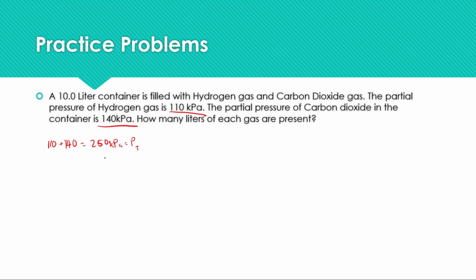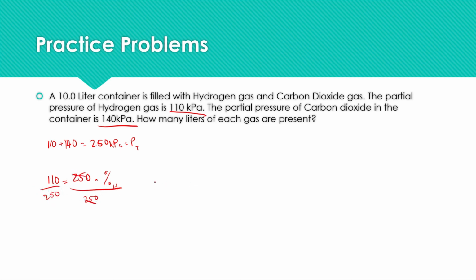All right, so now we have our total pressure. We can start solving for the percentages of each one. So let's start with hydrogen, which is 110. So 110, the partial pressure of hydrogen, equals 250 times the percent that is hydrogen. And in order to solve that, we just need to divide both sides by 250.